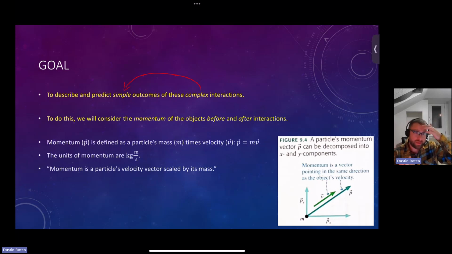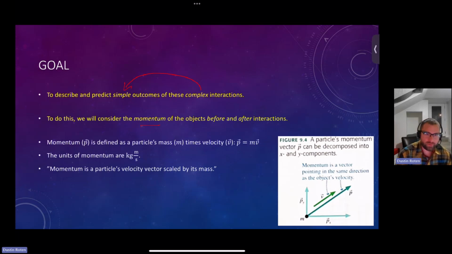To do this, we'll think about the momentum of the object or objects before and after. So we're kind of accounting now. We look at what's going on before the interaction, and then the after picture, what's going on after these things have interacted, and comparing the two is actually going to give us a lot of information.